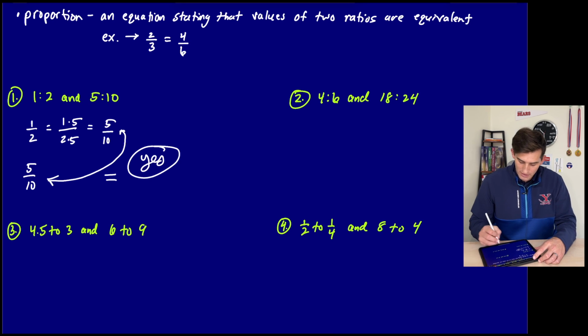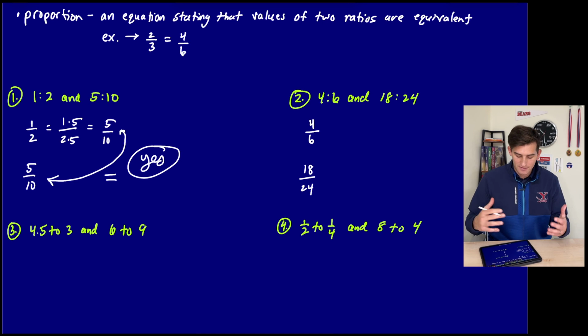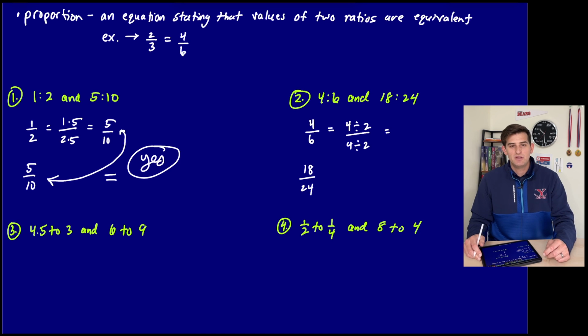All right, number two, 4/6 and 18/24. So let's write those as fractions, 4/6 and 18/24. Now for both of these, let's work with each of them. Let's do 4/6. Let's say we want to divide the top and the bottom by 2. The reason I'm doing 2, that would be the greatest common factor of both of those numbers.